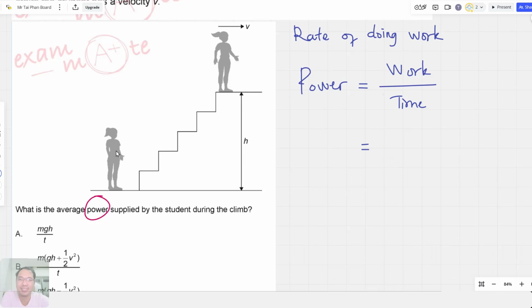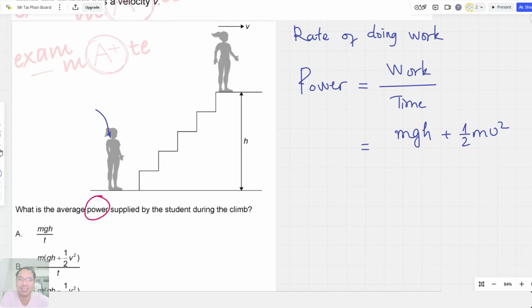That work is done by herself, meaning that the energy inside her body, the chemical energy that she absorbs from the food, is converted into two things: potential energy and kinetic energy. Potential energy is mgh, climbing up the stair, and kinetic energy is 1/2 mv squared.